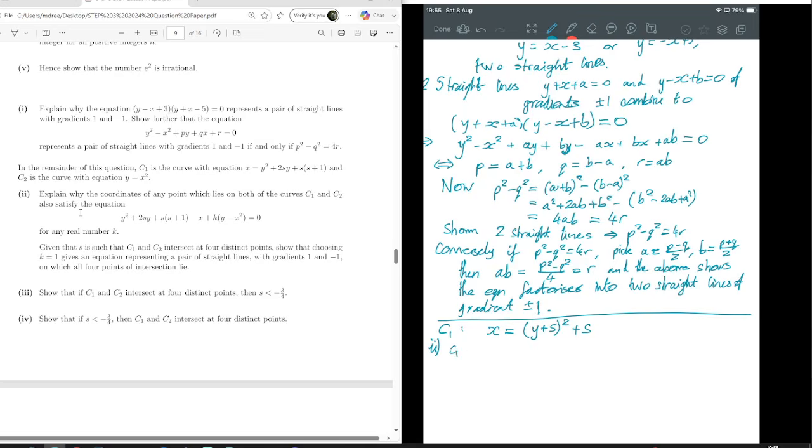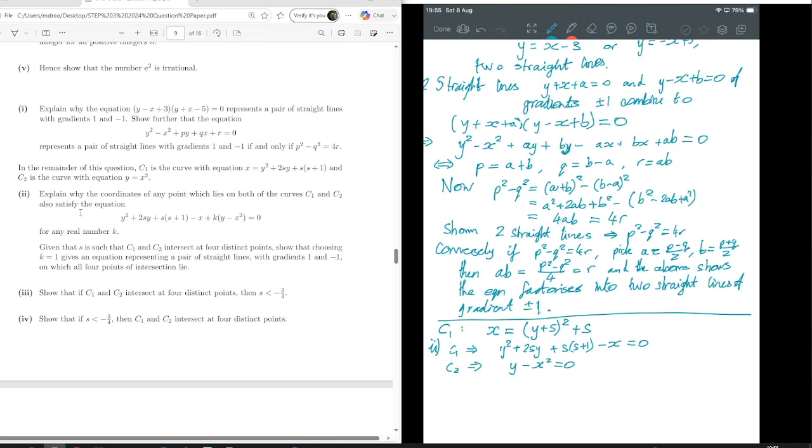So C1 is going to imply that y squared plus 2sy plus s plus 1 minus x equals 0. C2 is giving me that y minus x squared equals 0.